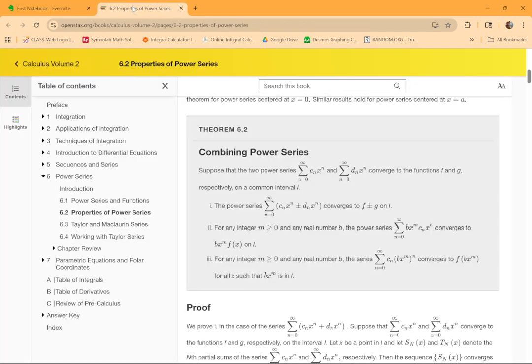So that's how we deal with something like this. If we're multiplying x by b, then we have to change the value here, and that corresponding change affects the interval.